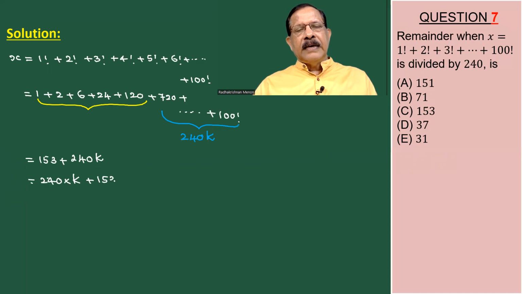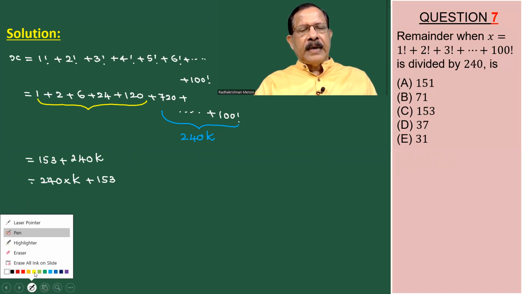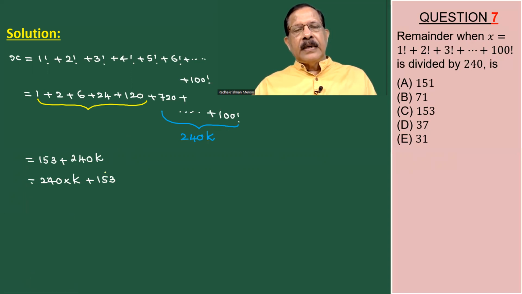The result: dividend is equal to divisor into quotient plus remainder. So definitely remainder will be 153. The last number is the remainder when this sum X is divided by 240. Therefore, 153 is the remainder. So such questions are very important. Okay. Thank you.